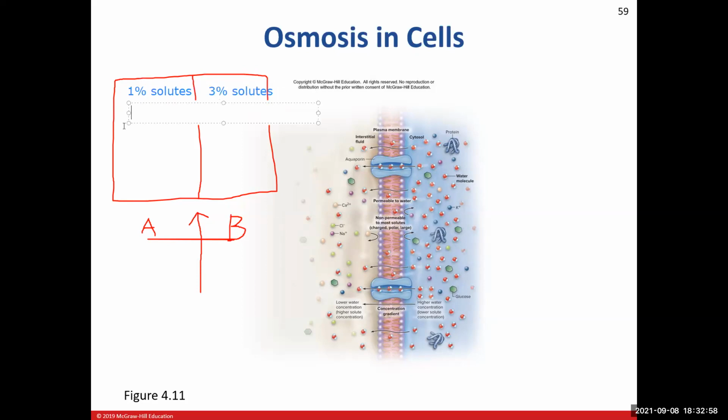So if I have a solution that has 1% solutes, that means the other 99% of that solution is made up of H2O. And then in compartment B, since I have 3% solutes in that solution, subtract 3% from 100, that leaves me with 97% H2O.